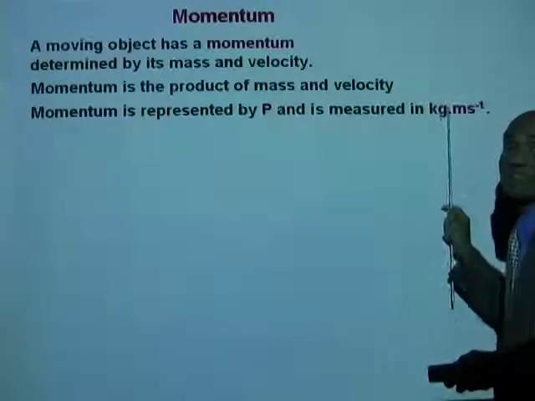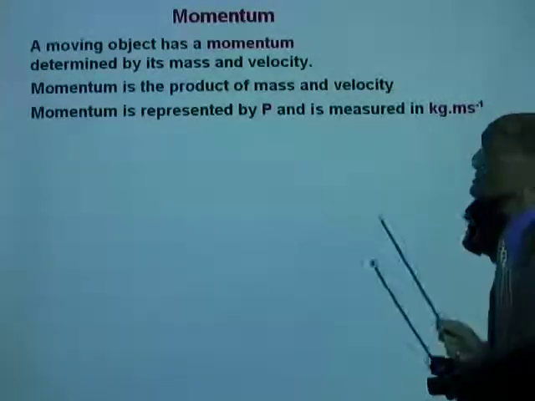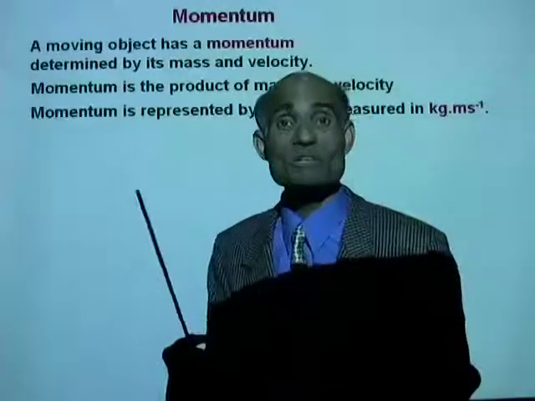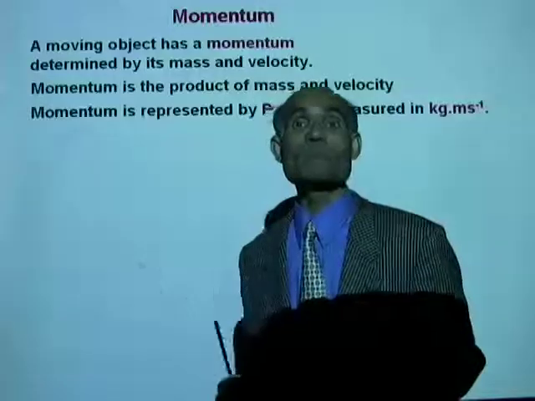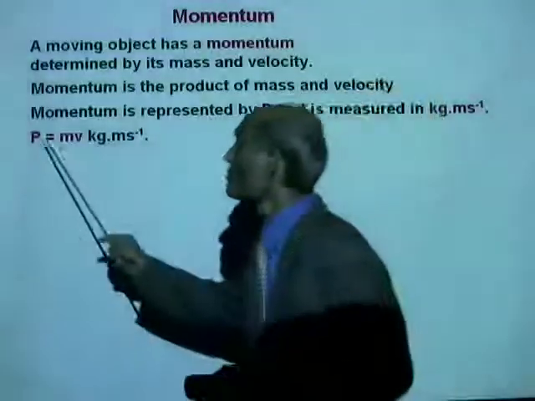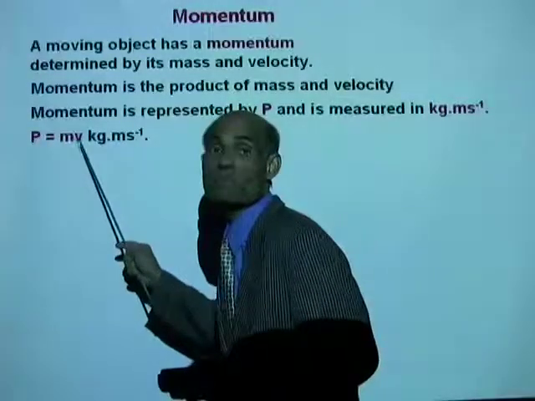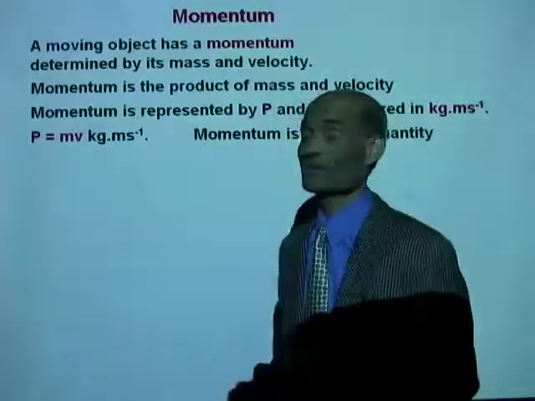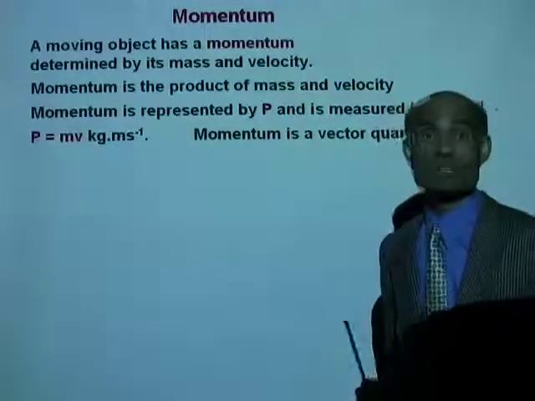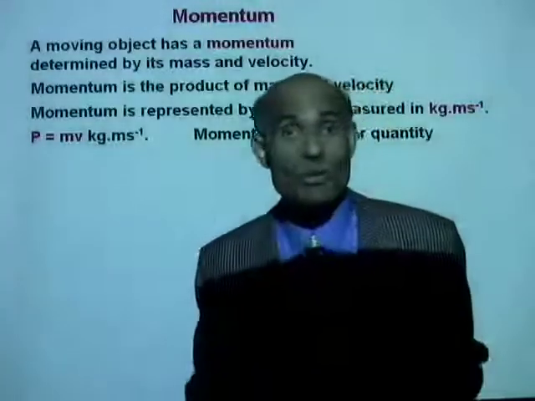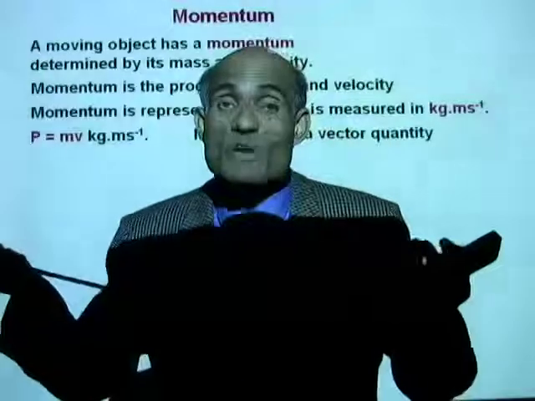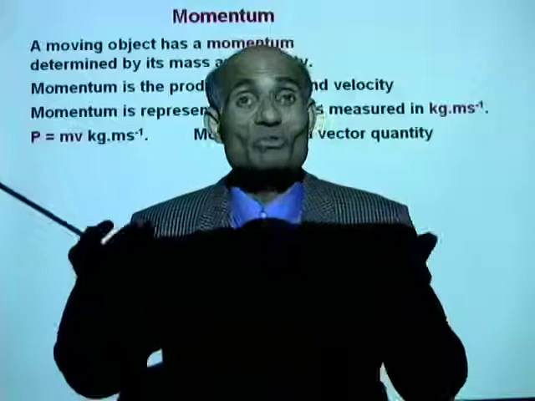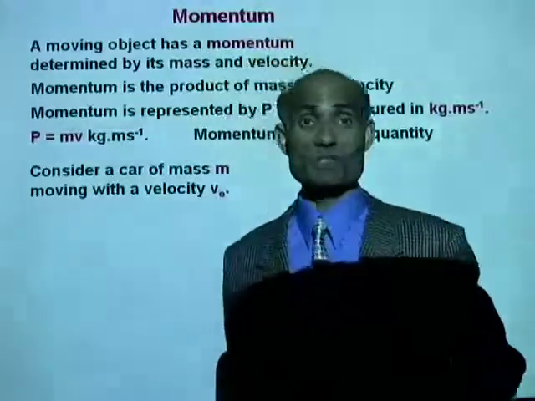Mass is measured in kilogram, velocity is measured in meter per second, therefore momentum will be measured in kilogram meter per second. So P equals m times v, in kilogram meter per second. And we talked about this. Momentum is a vector quantity. That means when you want to add momenta of different objects, we use the rules for vector addition.